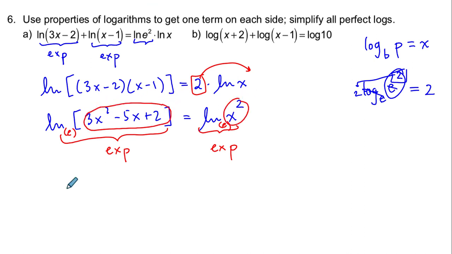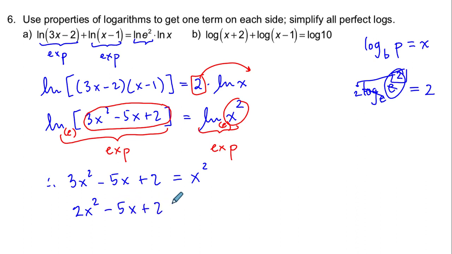And so I can come up with a statement that 3x squared minus 5x plus 2 must be equal to x squared. So this turns out to be a quadratic equation that we can solve either by factoring or the quadratic formula. This turns out to be a quadratic that we can factor, and we end up getting 2x minus 1 times x minus 2 is equal to 0.